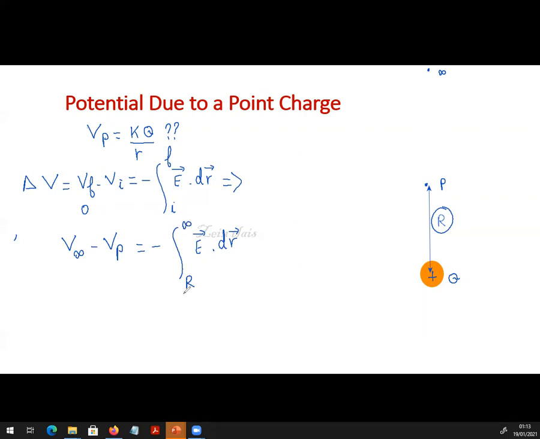Here you put the distance from the charge. At the point P, this is the distance. At infinity, we have an infinite distance.